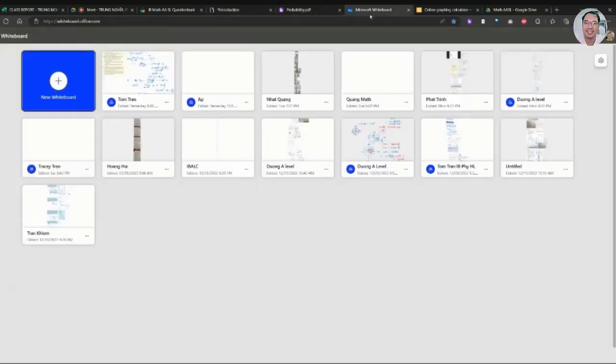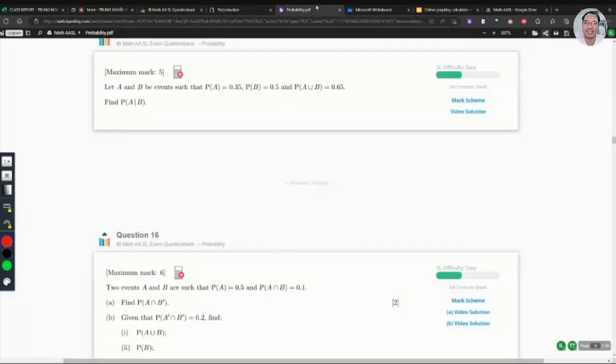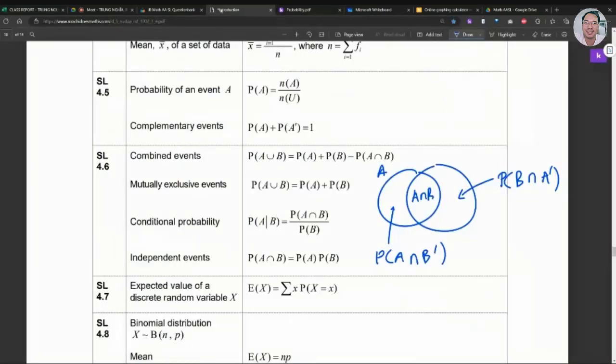That includes the P(A and B). For example, this one could be 0.1 and this one could be 0.25, so that the sum is 0.35. So for the combined event here, P(A or B) is the area of the two circles, and therefore you have to add P(A) and P(B).